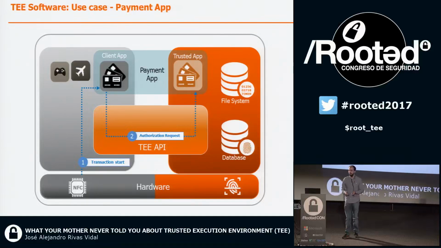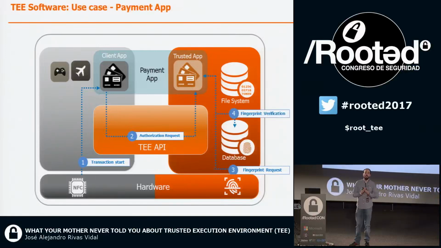Since we consider this a critical application related to a trusted application, let's say that the fingerprint sensor is trusted, so the driver is managed by the trusted operating system. We request the fingerprint from the user, and once we have it, we need to check in the database that that fingerprint really belongs to a user that has permission to make the purchase.